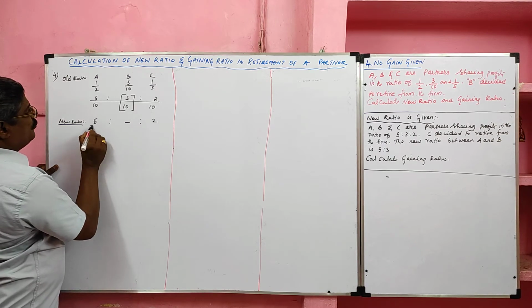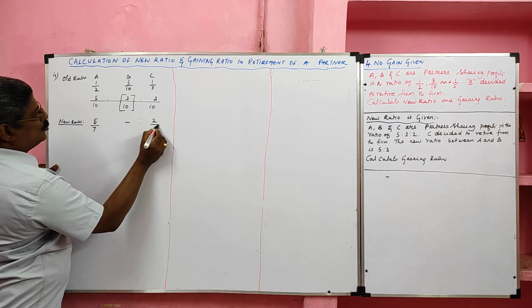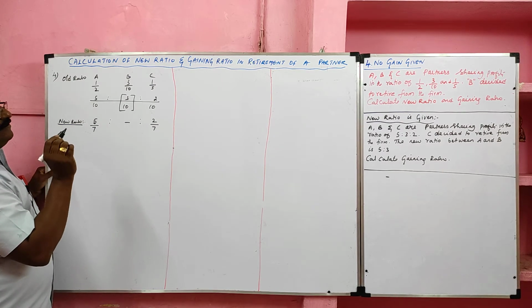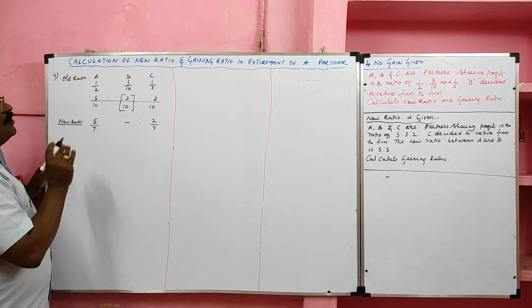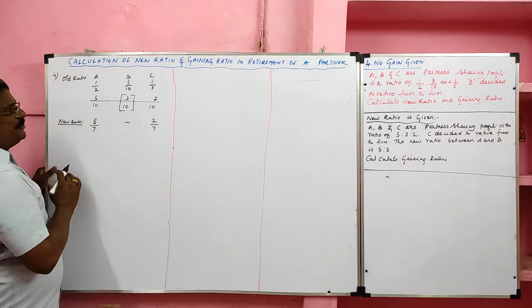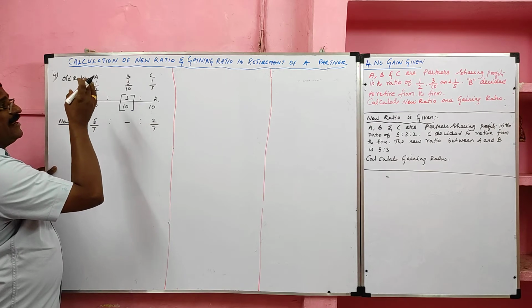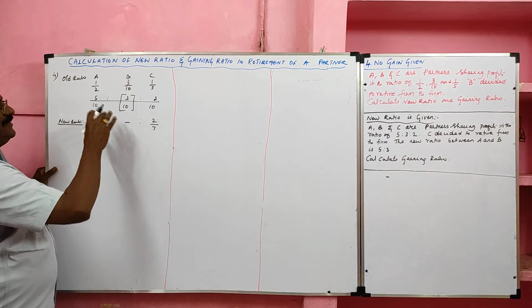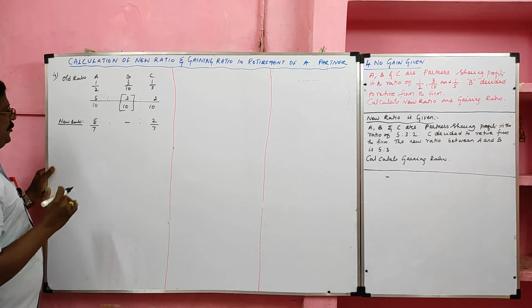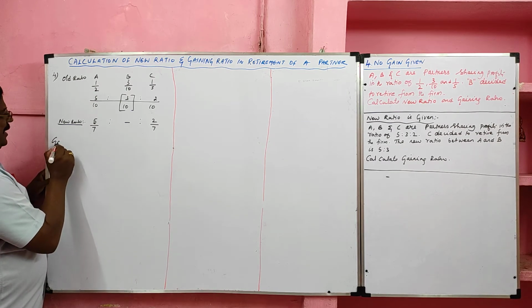Now the new ratio is 5 by 7, 2 by 7. Okay students, in no gain given, what do we have to do? We can calculate the new ratio directly. First write the old ratio, delete the ratio of the retiring partner, and the remaining ratio continues as the new ratio of the continuing partners. Then we can find the gaining ratio.